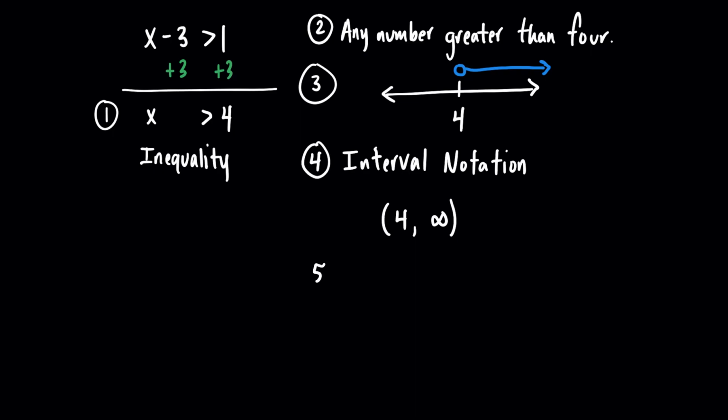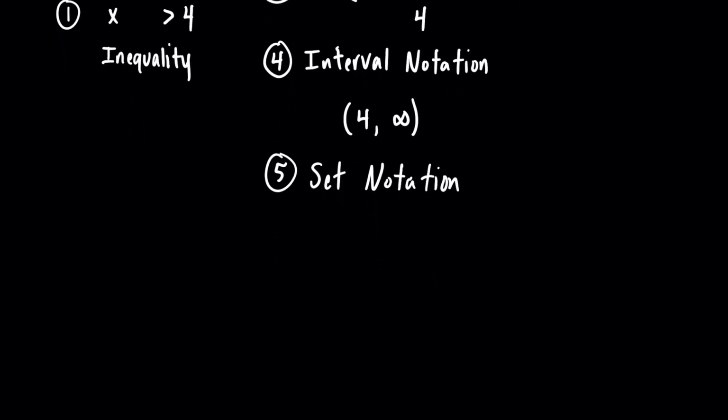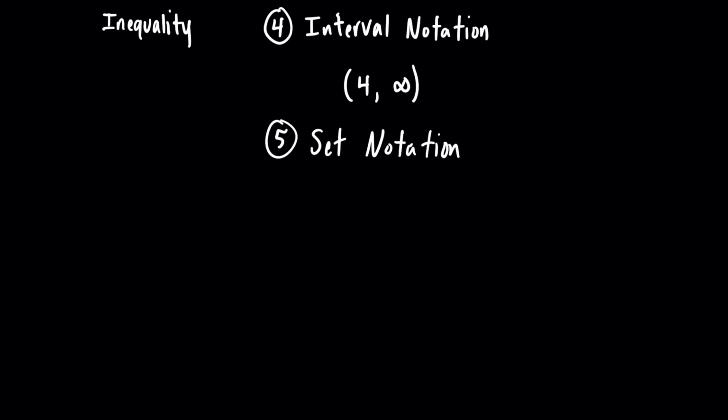The other notation that we've got is called set notation. This is going to seem really weird, but it is kind of helpful and useful. And set notation is where we say the set of all numbers x. That's how we read this.